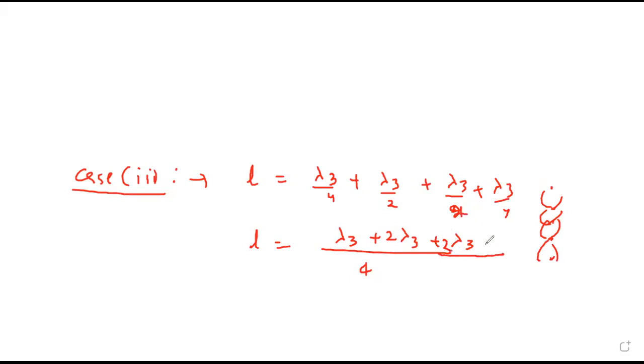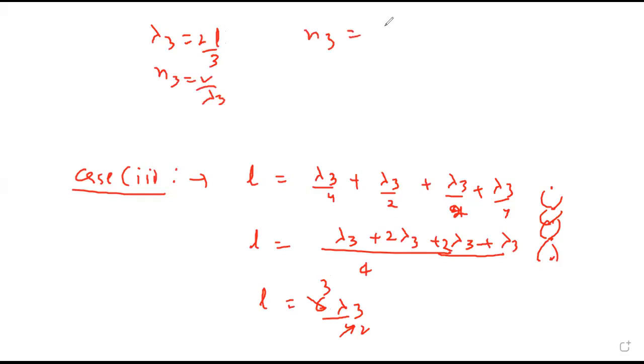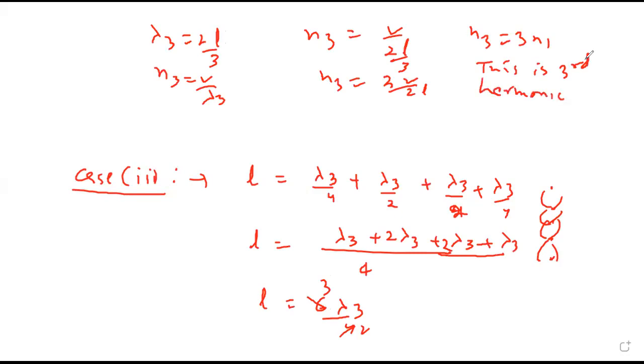So it will be 2 lambda 3 plus lambda 3. So total it will become 6 lambda 3 by 4. Therefore lambda 3 is 4L by 3. Frequency n3 is v by lambda 3, which is v upon 4L by 3. Therefore it is 3v upon 4L. Therefore it is 3 times n1. This is third harmonic or second overtone.